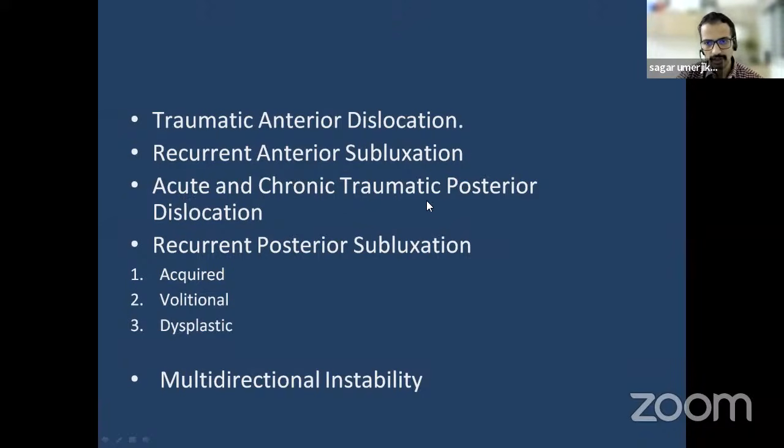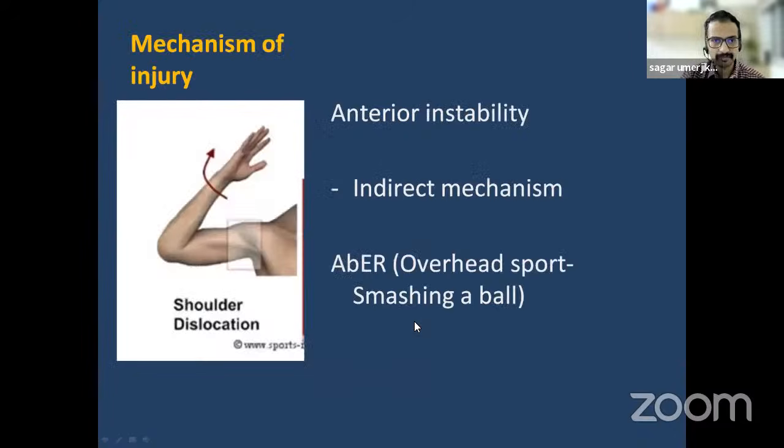Then recurrent posterior subluxation. Posterior subluxations are rare, but these can be acquired, volitional, wherein it's voluntary, or dysplastic, wherein there are anatomical variations in the glenoid as well as the humeral head. Then there is multidirectional instability. This is very common and most of the time is associated with subluxation rather than complete dislocation.